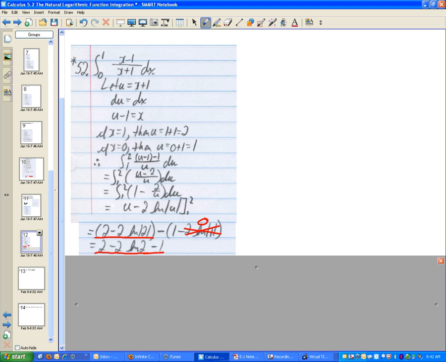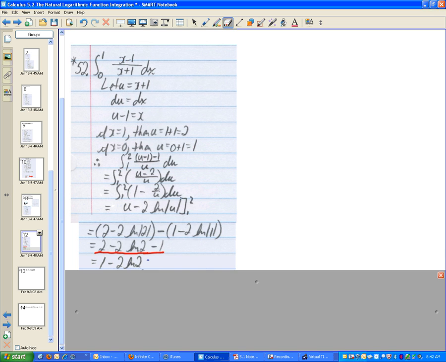So minus 1. Well, when I was in school, 2 minus 1 was 1. So that gives me 1 minus 2 natural log of 2, which I think is a perfectly fine answer.